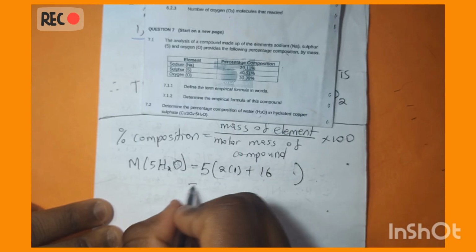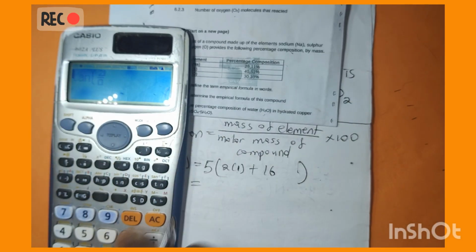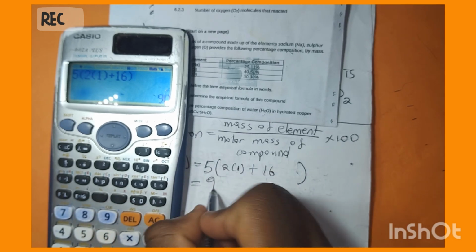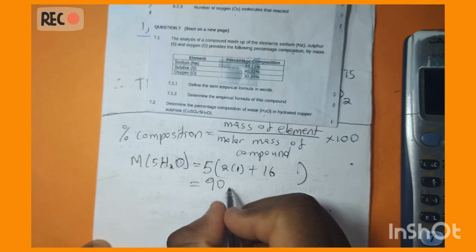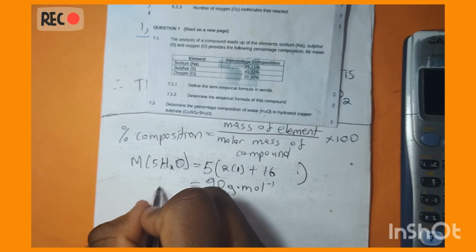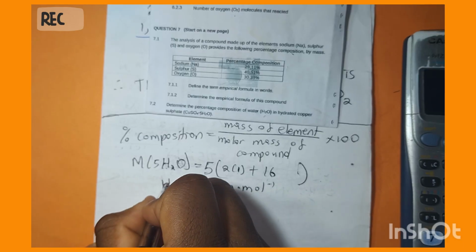Then press that on your calculator: 5 open, 2 times 1, plus 16. This is what I get, in grams per mole.